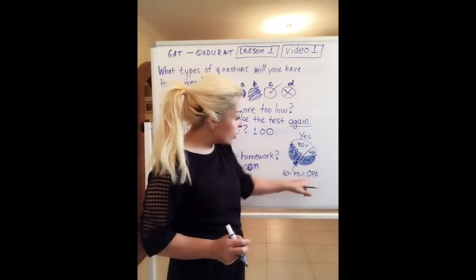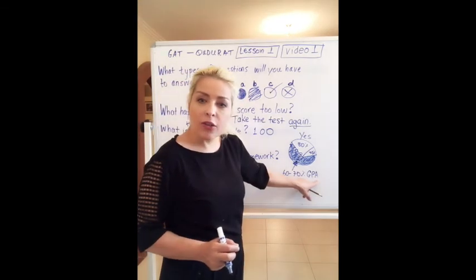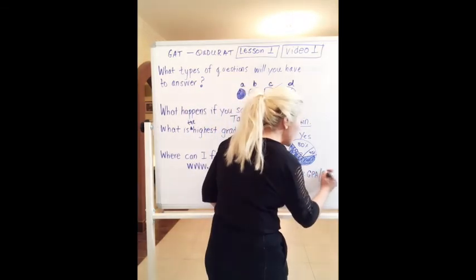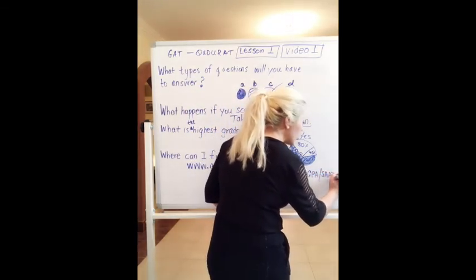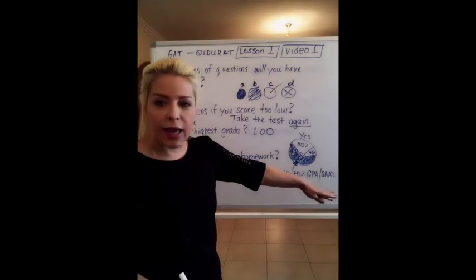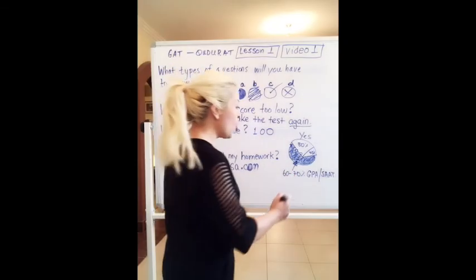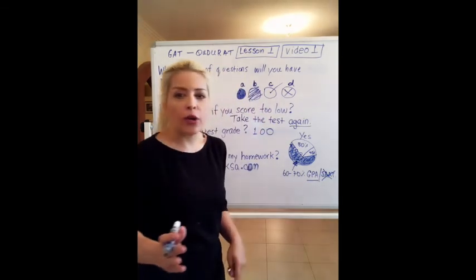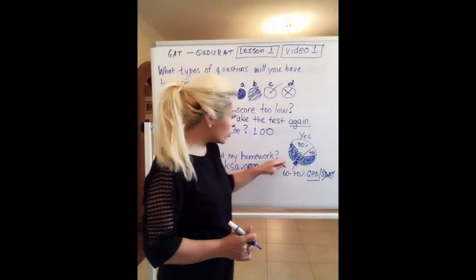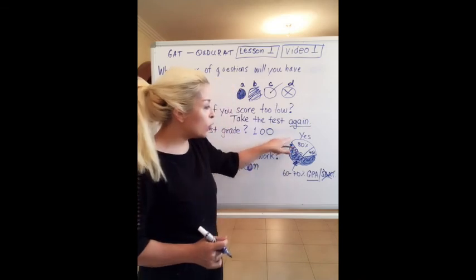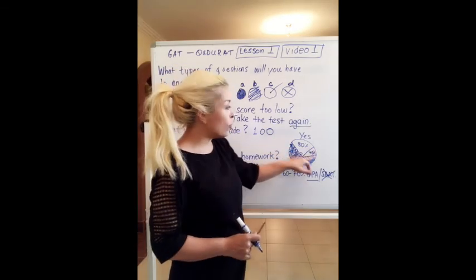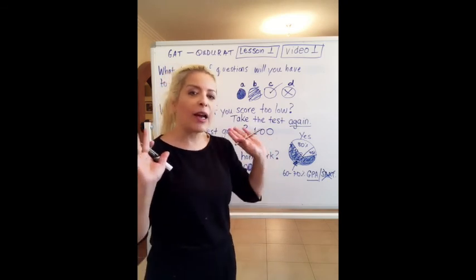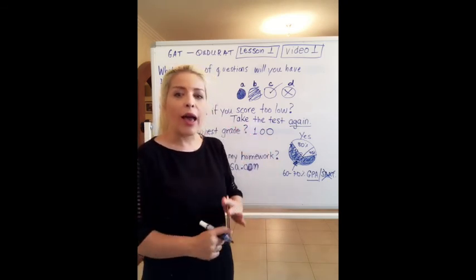So this 60 or 70% counts for your GPA, and if you need to take the SAAT, which is another test. Now, if you don't need to take the SAAT, no problem, then your GPA, your grade point average in high school will count for 60 to 70%, and the Qudurat will count for 30 to 40%. So don't be worried, your GPA counts a lot more than the Qudurat.